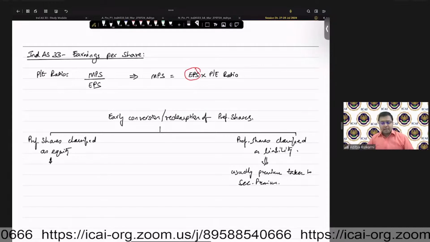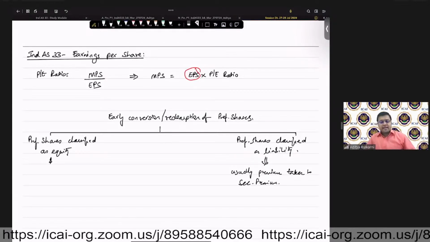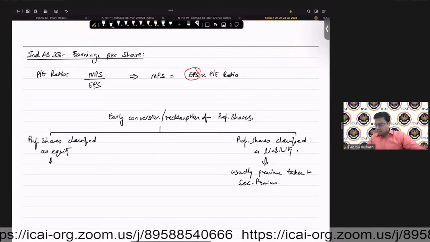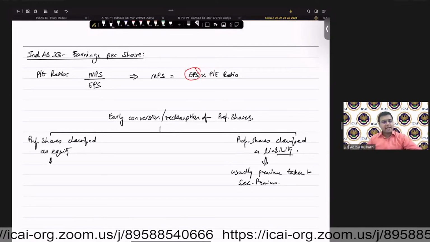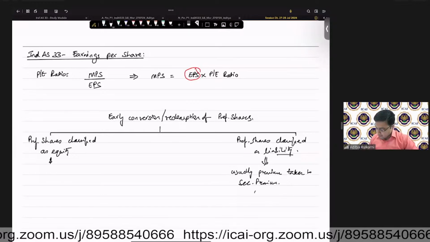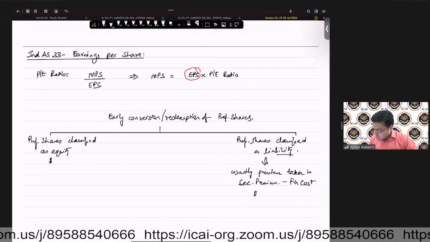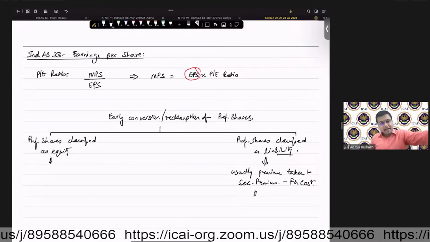Ideally, because they're classified as a liability, such premium goes and sits as a finance cost, right? EPS implication: it's already part of your finance cost. वो P&L में आ जाता है.